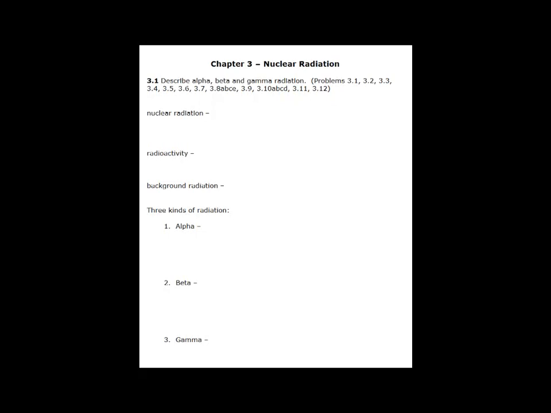So nuclear radiation, the definition is emission of energy from an atom to become more stable. So if you have a radioactive element, it's unstable.